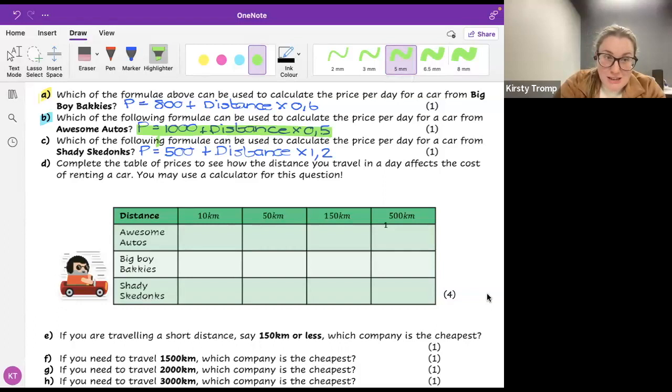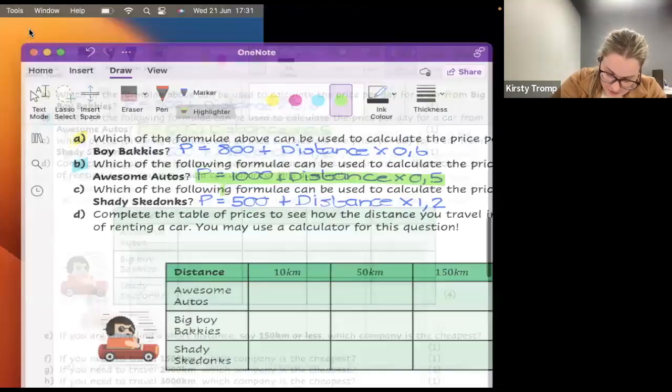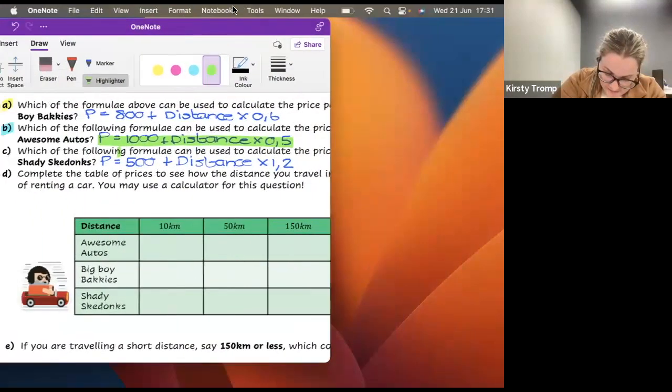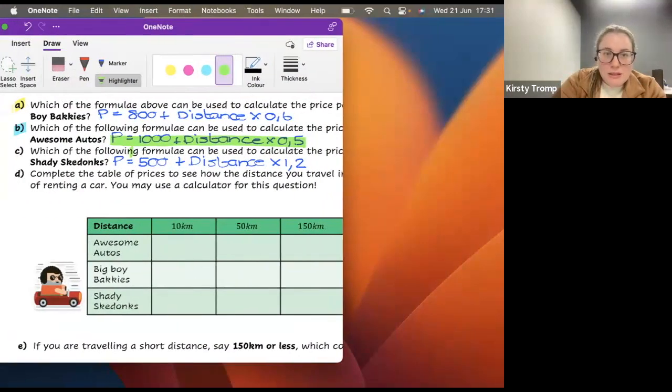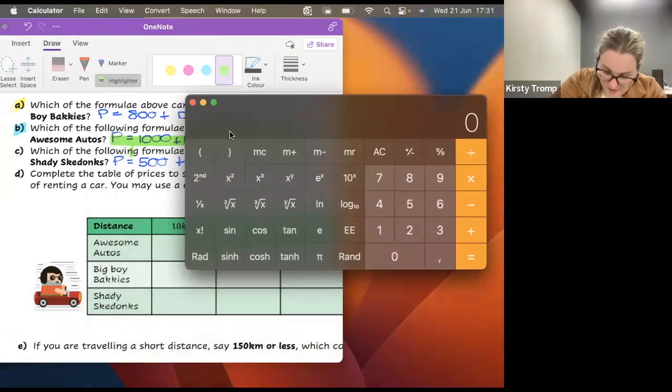Okay, I'm going to see if I can bring my calculator up on the screen for you guys. Let's bring my calculator up and let's see if my screen will let me. I'm going to try and make it a bit smaller and bring my calculator across. Okay, there we go.